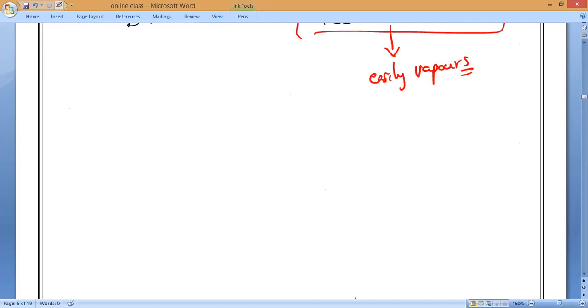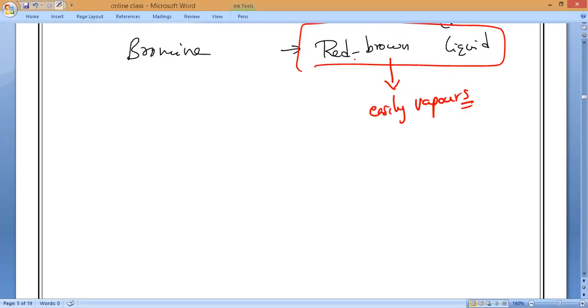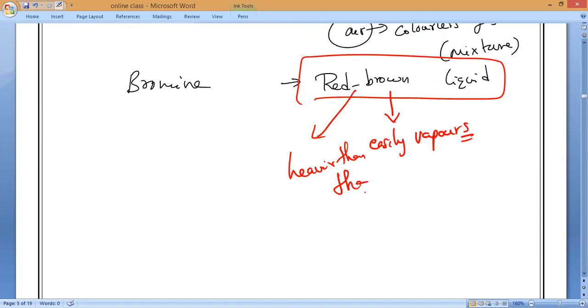Now, if we combine these two cylinders, one containing air and another containing bromine, you can see bromine vapors are red brown in color, and they are heavier than air. So they will easily mix with each other, and you can notice how the color changes in both cylinders.